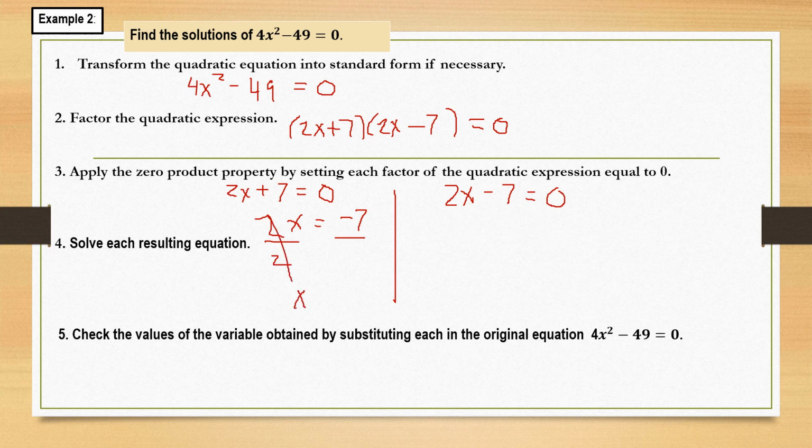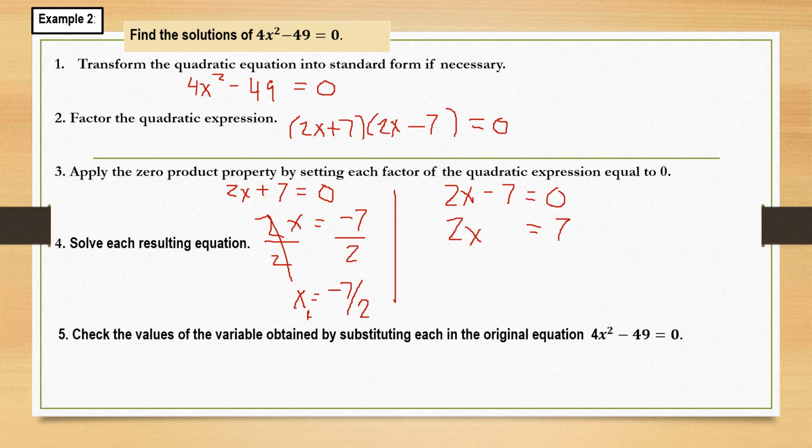Therefore, x is equal to negative 7 over 2. This is x sub 1. Next, we have 2x is equal to, transpose negative 7 to the right side of the equation.